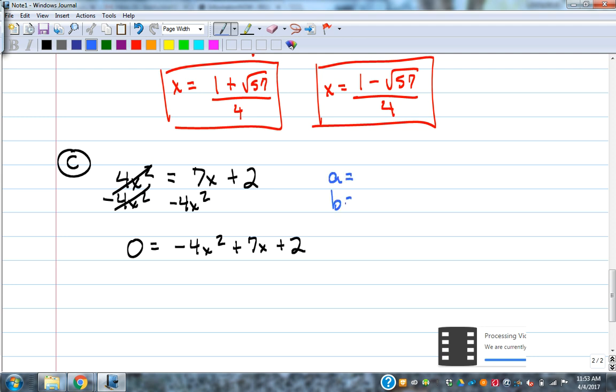What's A, B, and C? A is negative 4, 7, and 2. Okay. Let's do our discriminant. 7 squared minus 4 times A times C. 49 plus 16 times 2 would be 32.